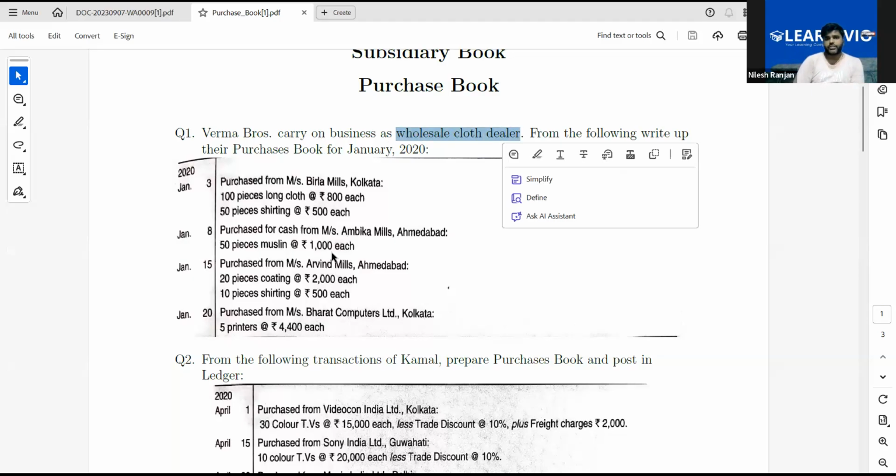That will be called purchase. If he's purchasing any other item like furniture, machine, or anything else, then that will not be recorded in the purchase book, because that is not related to purchase. It is purchase of an asset, so it will be written in a different book.